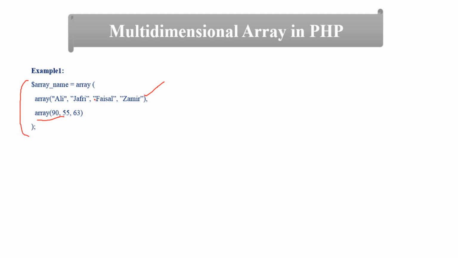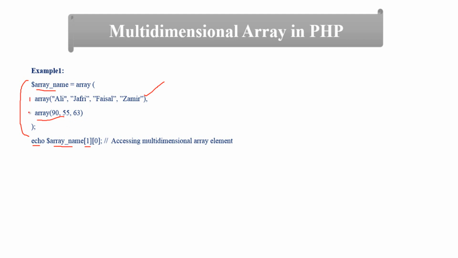What is the method to access an element of a multi-dimensional array? Echo means I want to print that value, that item or element. Array name: this is the array name, so it should be the same as you mentioned here. So 1 and 0, what is the 0 and what is the 1? You can see that this array has two items.